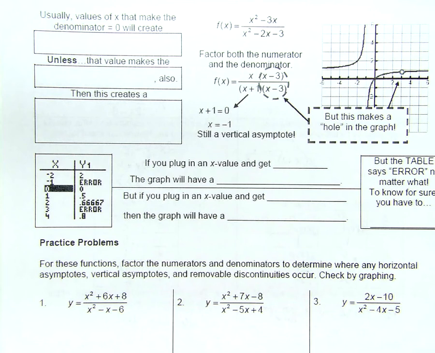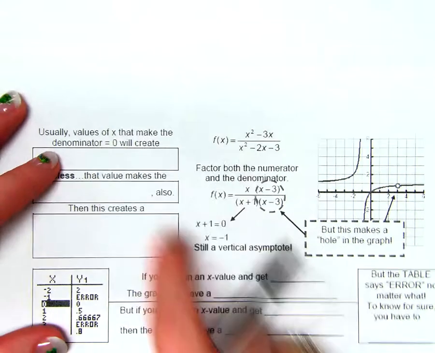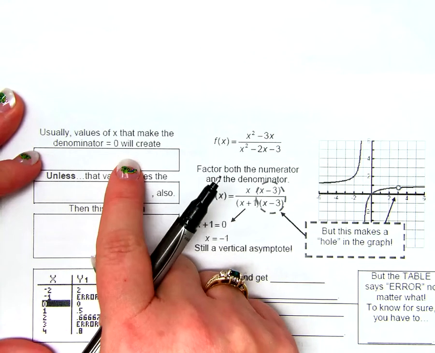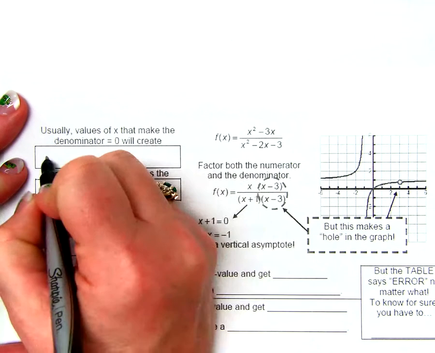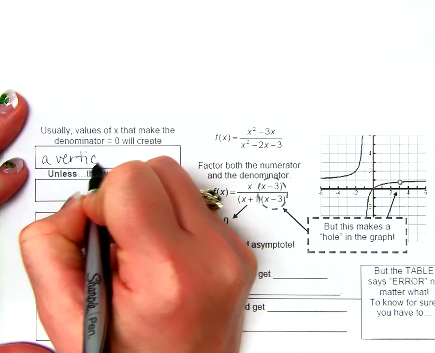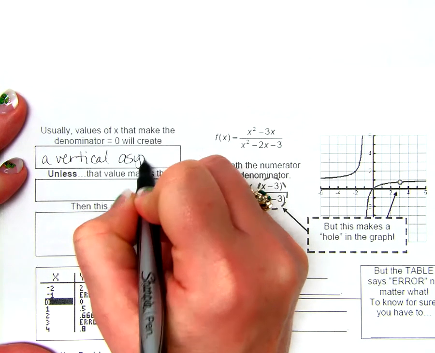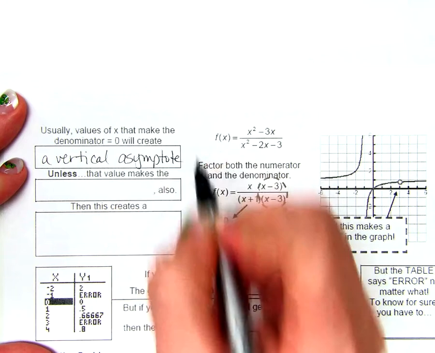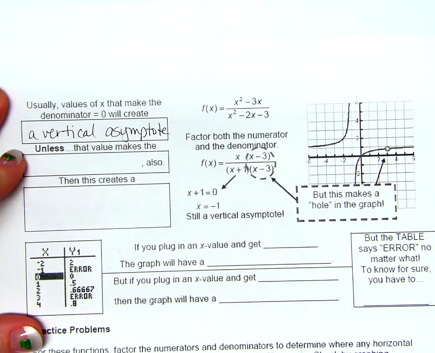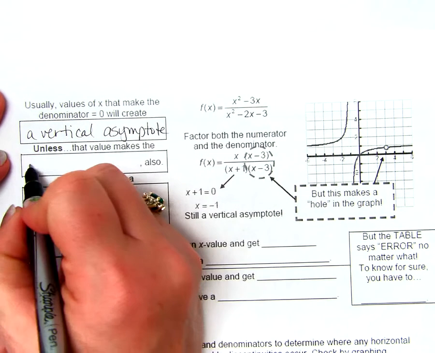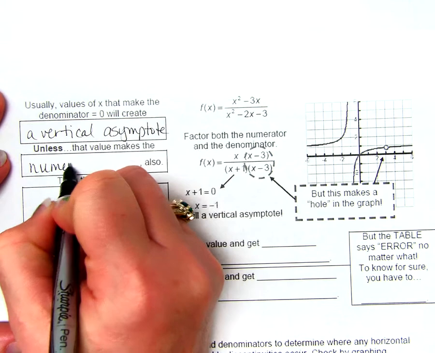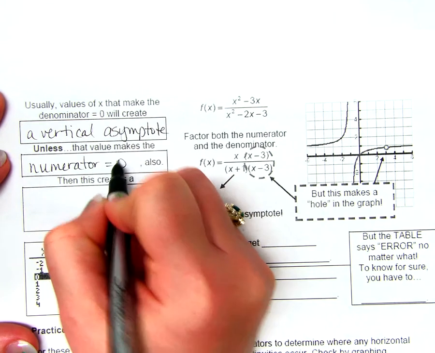Okay? So usually values of x that make the denominator equal 0 will create a vertical asymptote, unless that value also makes the numerator equal 0.